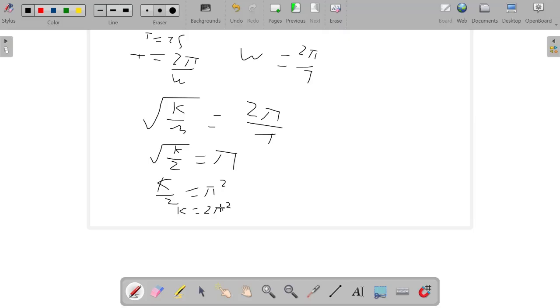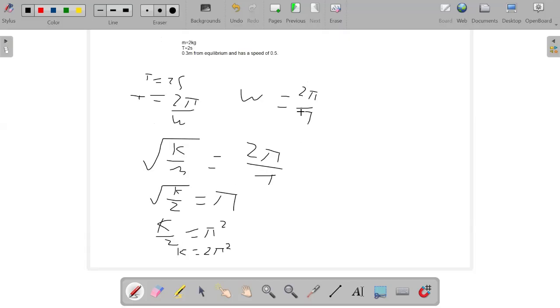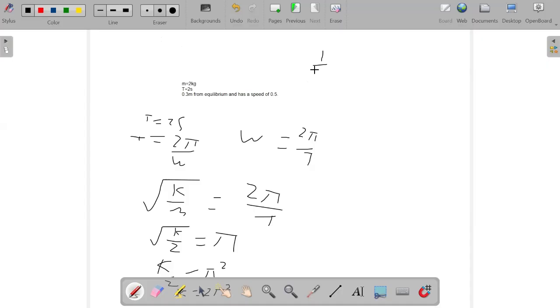And we can also use the basic equation that 1/2 kx squared plus 1/2 mv squared equals 1/2 kA squared, where A is the maximum position away, the maximum distance.